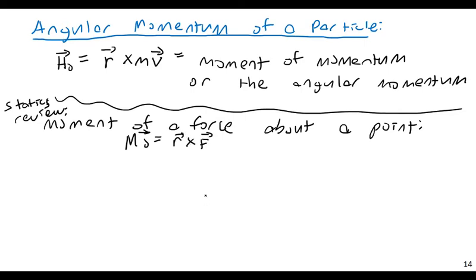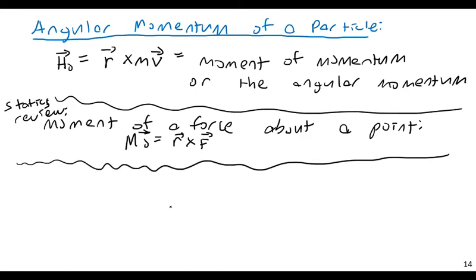And this is the same kind of thing, except instead of finding the moment of a force about a point, we are finding the moment of the linear momentum about a point. So we use the exact same method. mv is basically the linear momentum vector, right? And if we take the cross product of r and that, we will get the angular momentum.